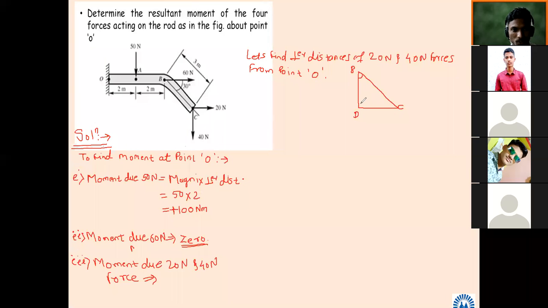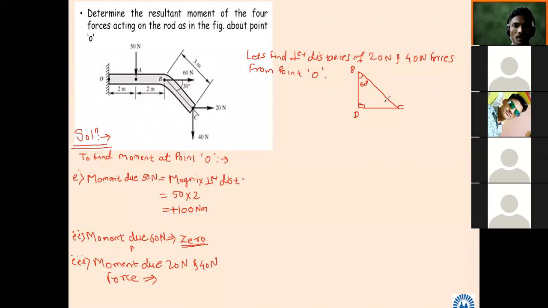Is there any problem with this 60 degree angle? So this will be 90, and this angle will be 60 degree. Any problem here? How does this angle come to 60? Did anyone not understand yet? So what will be this angle again? This angle is 30 degree.